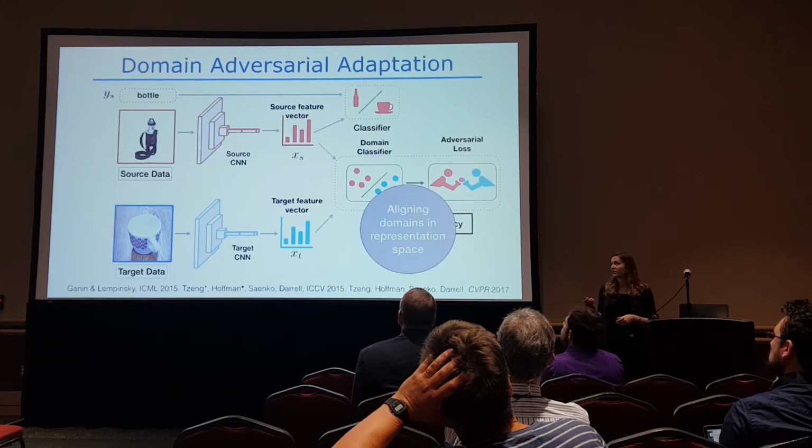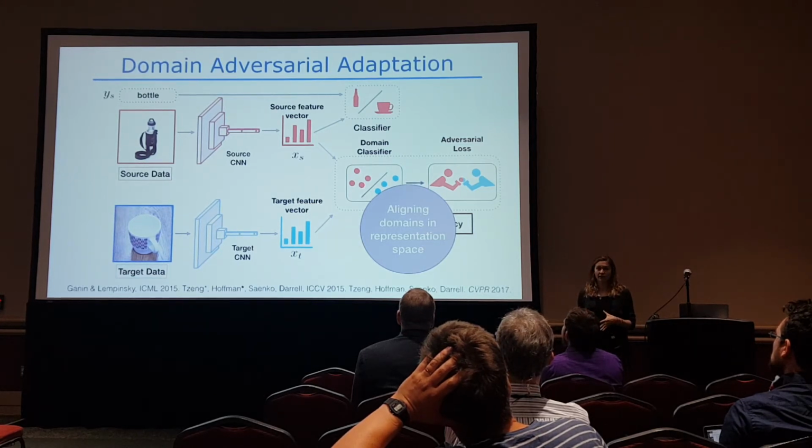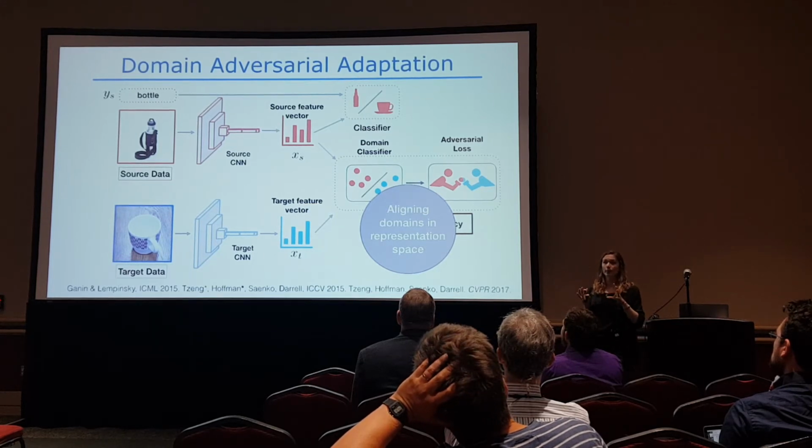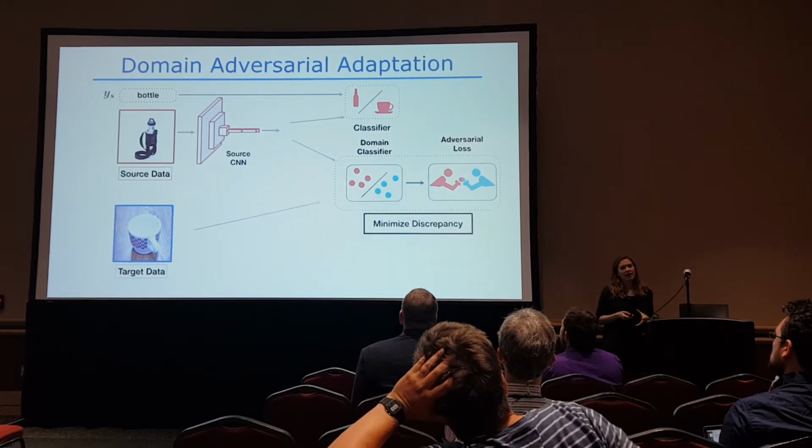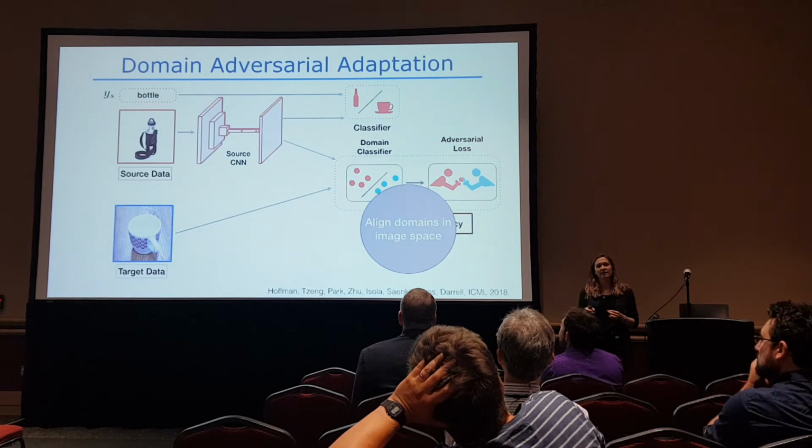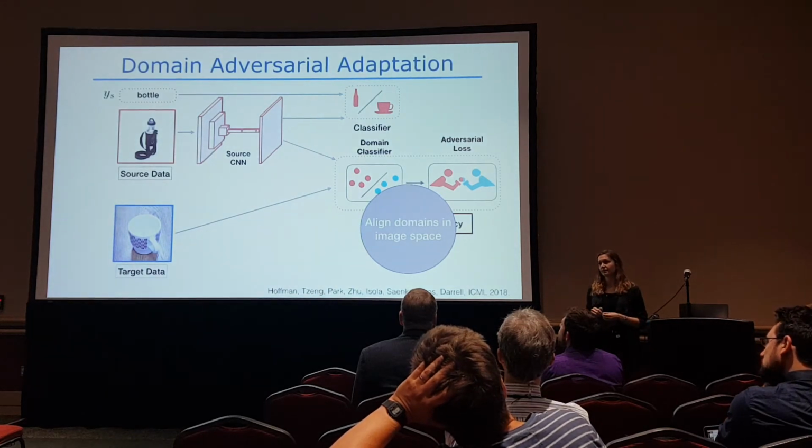And as I presented it so far, it's really focusing on learning an invariant feature space by minimizing discrepancy on this representation. But you could, of course, equivalently think about it as directly minimizing discrepancy in image space.